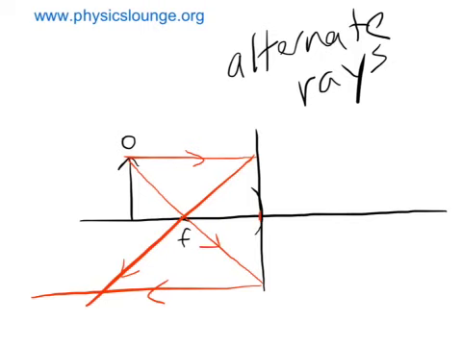I'm pretty sure that one wasn't covered, and that should give you the same image location, so it crosses over at the same point as your equal angle reflection that we did before. So that's just one alternative that you can do.